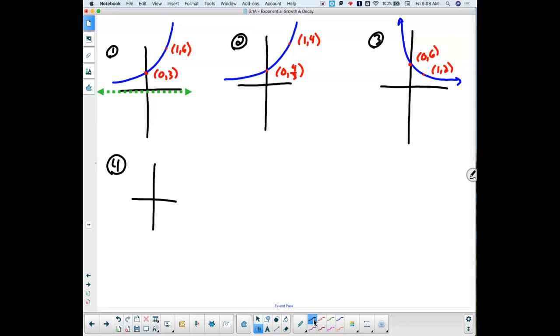Fourth one yesterday should have looked like this. Growth going through negative 2 comma 1 and, oops, didn't really draw this one the best, 0 comma 16.